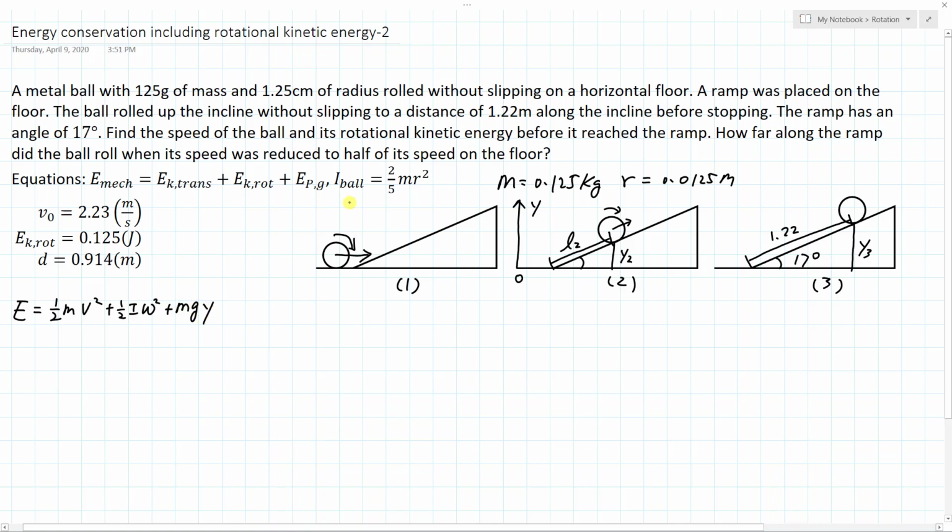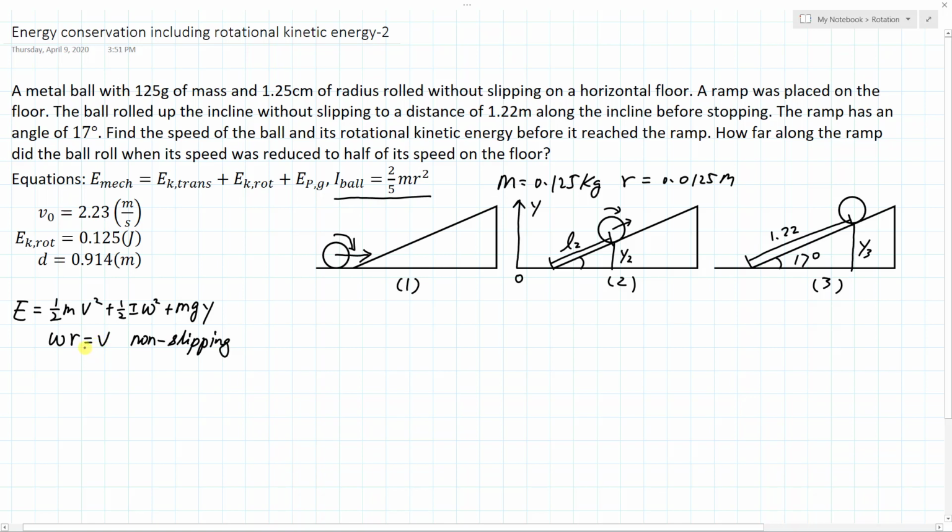So because we were told that the ball has this rotational inertia, this is for a solid sphere, we can replace that omega with this. We know that omega r equals v. This is only true if the ball does not slip. So anywhere you see on the question that it rolls without slipping, you can use this.